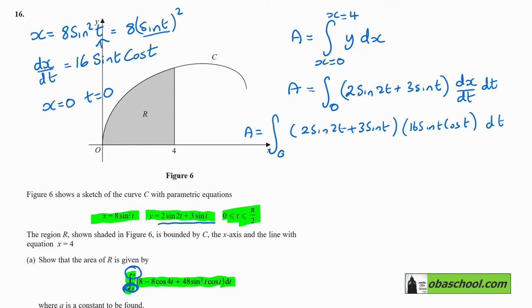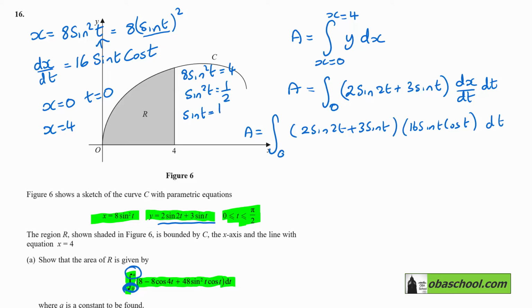What we need to do is find the other limit. So x is equal to 4 is our other limit. So that's going to give us that 8 sine squared t is equal to 4. That means sine squared t is equal to 1/2.